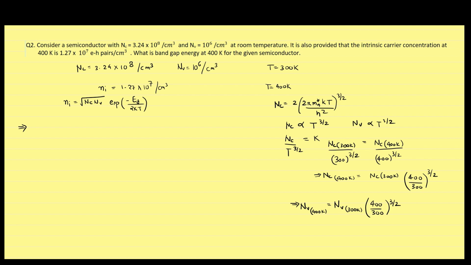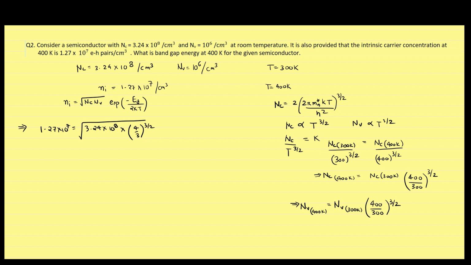Intrinsic carrier concentration is given to be 1.27 into 10 to the power 7, and we have to put the value of Nv and Nc at 400 Kelvin only. We can see that Nc at 400 Kelvin is equal to Nc at 300 Kelvin, which is provided in the question to be equal to 3.24 into 10 to the power 8 multiplied by 4 by 3 raised to the power 3 by 2.